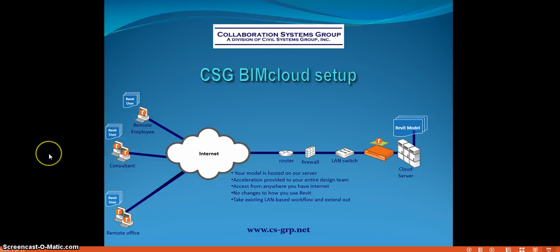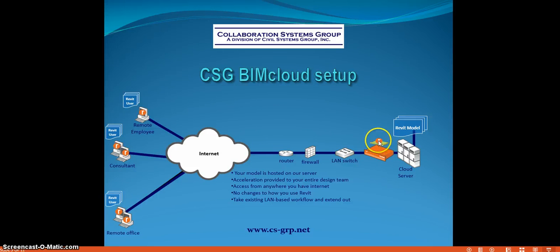Our CSG BIM Cloud setup is based on Riverbed's Steelhead WAN accelerator technology, and the process is actually quite simple. We have a cloud server where your project folder is stored. We have a Steelhead WAN accelerator in front of that cloud server and a license server for Steelhead Mobile.